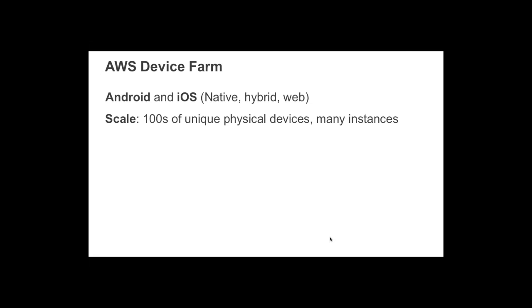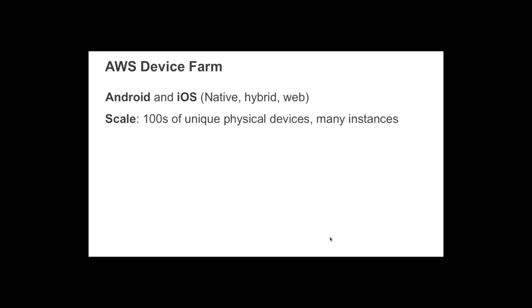And then behind each of these unique devices that you have access to, there are actually many real instances of that device in order to scale. So you have hundreds of devices you can choose from, and then behind each of those hundreds of devices, there are many more devices to make sure that when you want to test your application on a given device, it's available in a timely manner.